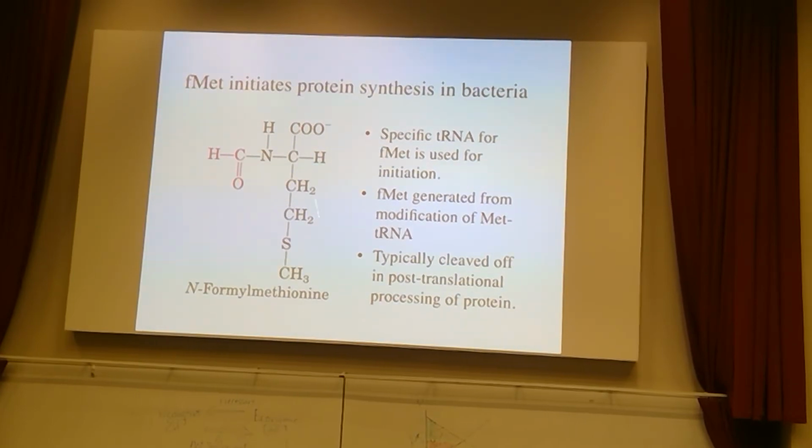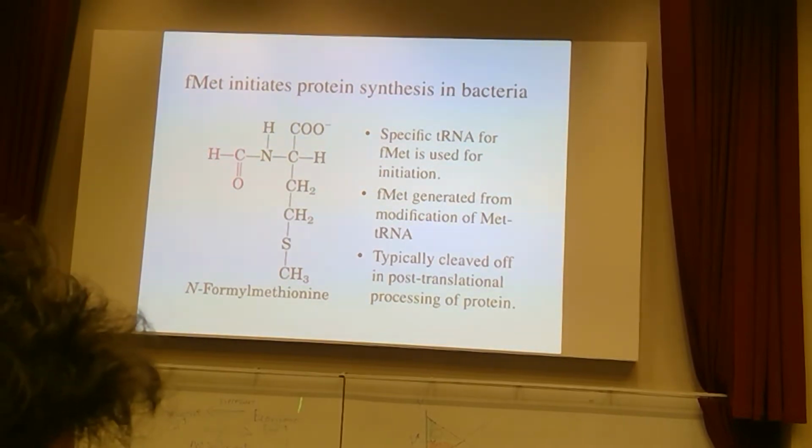So this does not look exactly like what we might expect, but what the cell does is it generates a regular methionine charged onto tRNA, and for the start tRNA, it will convert that into the N-formyl methionine just by tacking on that formyl group.